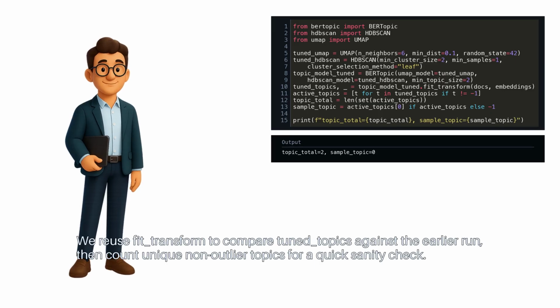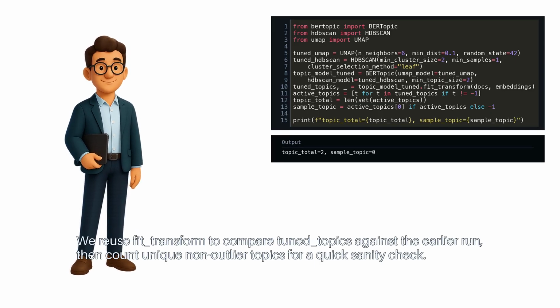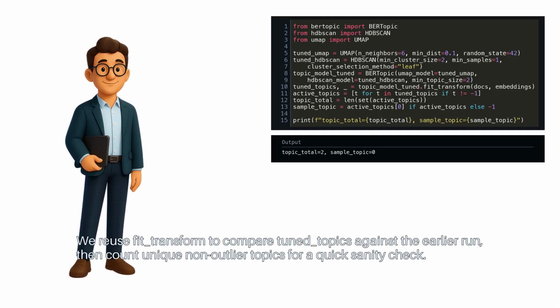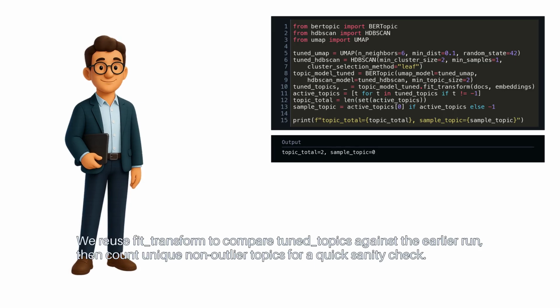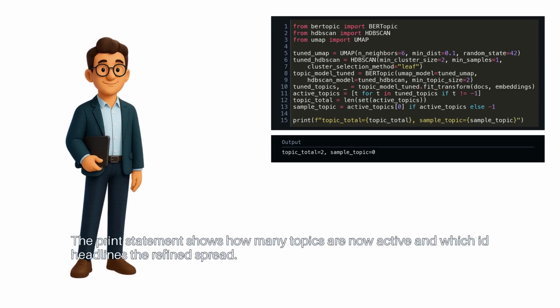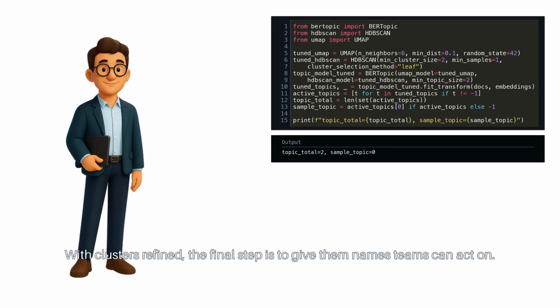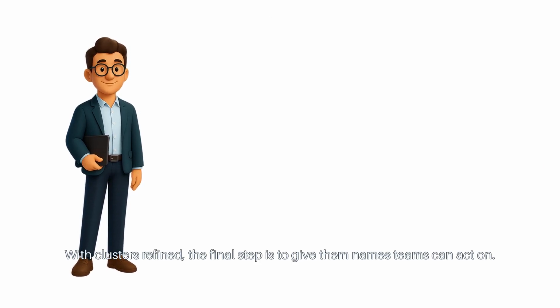We reuse fit-transform to compare tuned topics against the earlier run, then count unique non-outlier topics for a quick sanity check. The print statement shows how many topics are now active and which ID headlines the refined spread. With clusters refined, the final step is to give them names teams can act on.